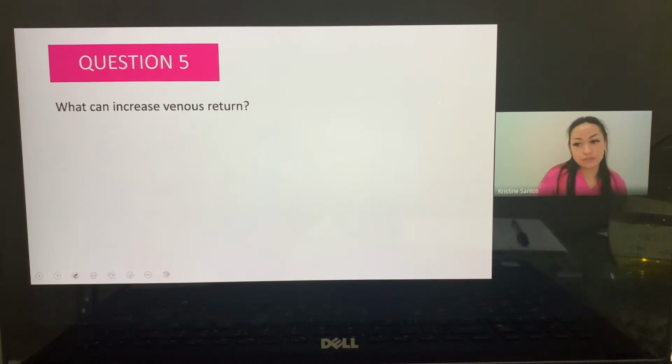What can increase our venous return? So what can increase the amount of blood that's coming back to the heart? Constriction of veins. Yes, vasoconstriction, that's one. Do you remember the muscular milking activity?